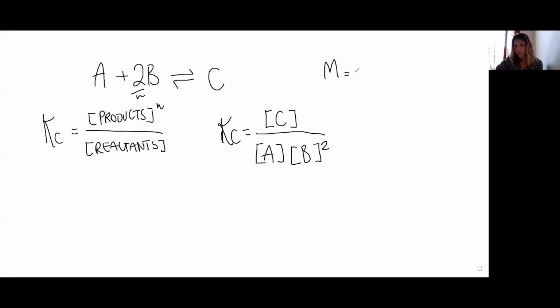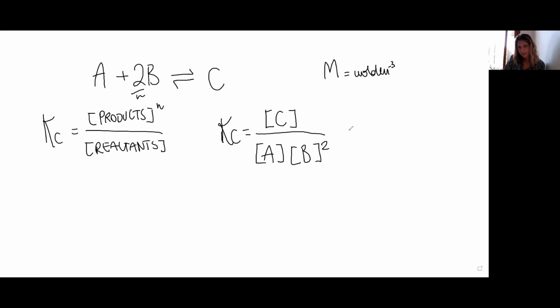This big M is the molar concentration. In fact, it would be mole per decimeter cubed. If we want to work out the units, we just need to play around with them and cancel them out, so I'm going to rewrite this with that big M for the concentration unit of the products and reactants.